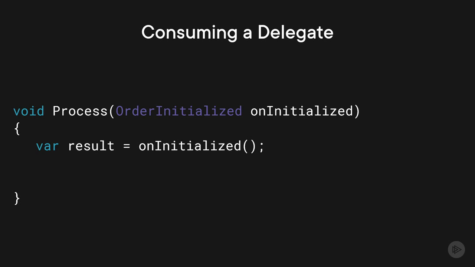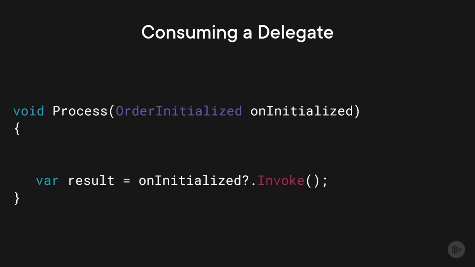On the receiving end of the delegate, you can invoke this like a normal method. The problem is that since this is a reference type, the reference might be null, and you could get a null reference exception. It's wise to use the null conditional operator together with the invoke method. This will only invoke the delegate if there is one defined.